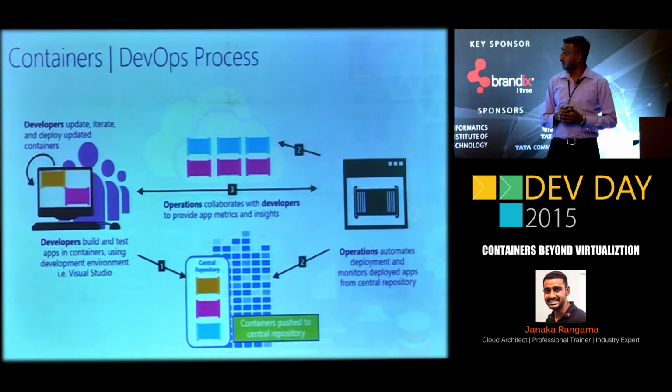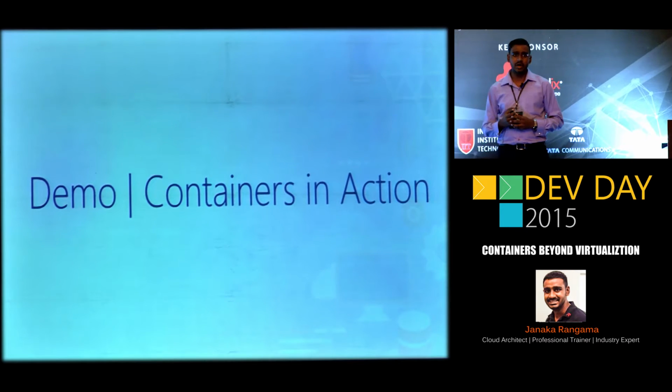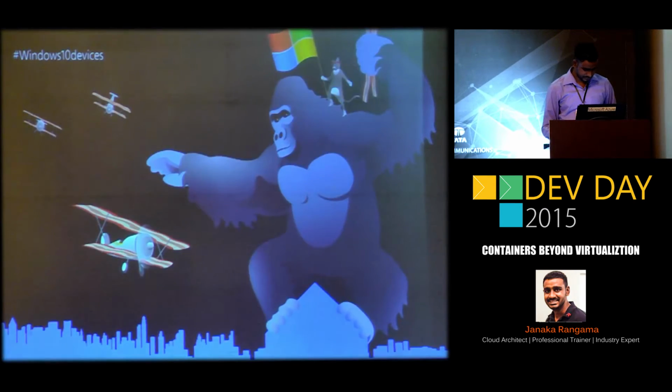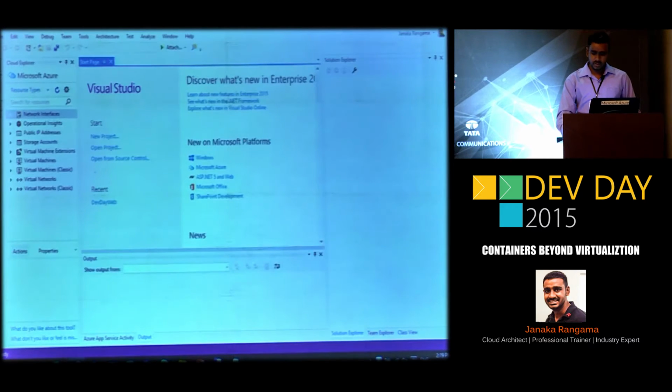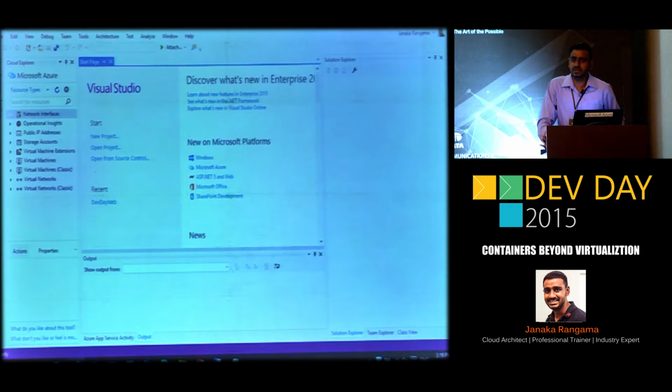Now if you want to go for a little bit of a demo of how this works, I will show you one in particular. This is a small example. I am using Visual Studio 2015 with the latest ASP.NET release candidate version. Suppose that I need to create a web app. Basically this works with a web project.